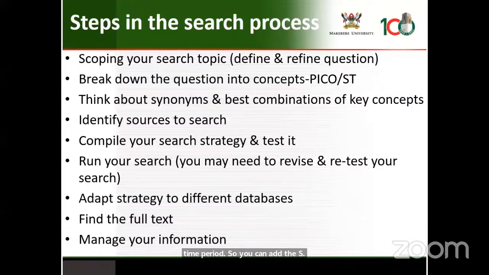For example, if your review is on treatment of hypoglycemia in children, and you want to look at the papers that were published between 2020 and 2023, already that period, you have to include the T, which is the time.